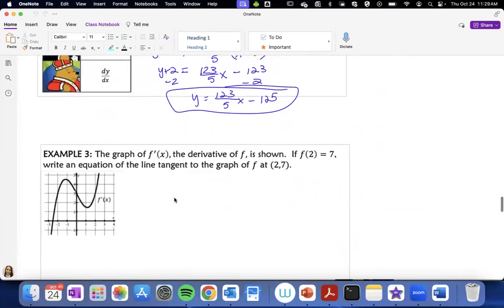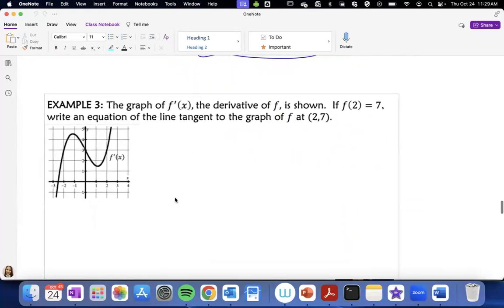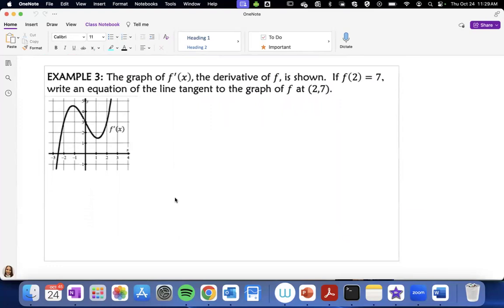It's very similar from a graph. Let me just show you with a graph. F prime, if f of 2 is 7, write the equation at 2, 7. This is f prime. What is the slope at x equals 2? Ladies and gents, where do I need to look to find the slope of the tangent line this time? On the graph, because that's f prime. So at x equals 2, what's my y value?